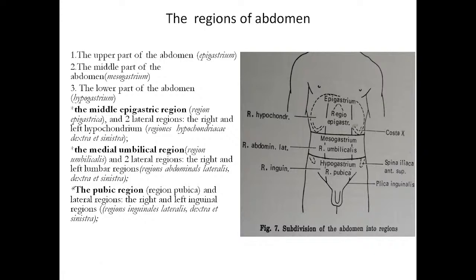The epigastrium is divided into a middle epigastric region, regio epigastrica, and two lateral regions, the right and left hypochondrium.